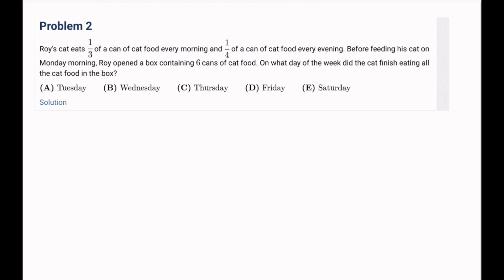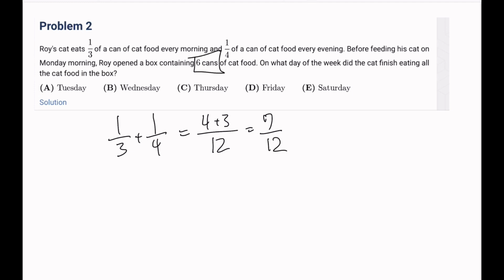Okay, so every day Roy's cat eats 1/3 plus 1/4, which is 4 plus 3, all over 12, because that's the multiple of 3 times 4, which equals 7 over 12. So every day Roy's cat eats 7 over 12 cans of cat food, and he opened 6 cans of cat food.